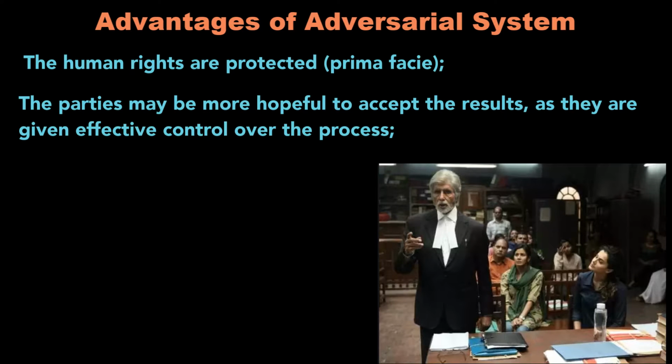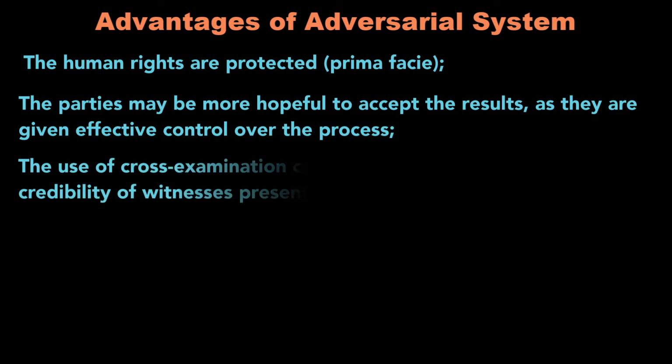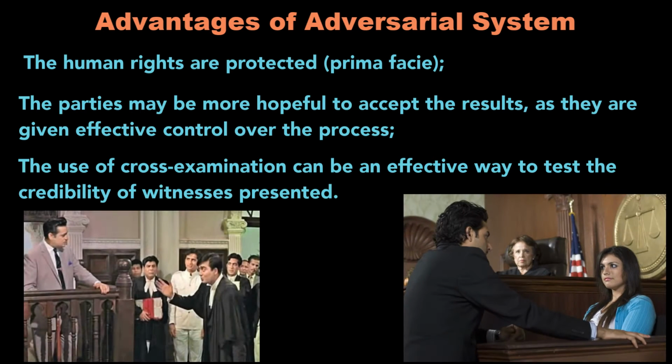What does it mean? Since parties have the freedom to provide all the details, evidence, facts, eyewitnesses, parties remain hopeful. Lastly, the use of cross-examination can be an effective way to test the credibility of witnesses presented. Okay, so these three are the important advantages of the adversarial system.